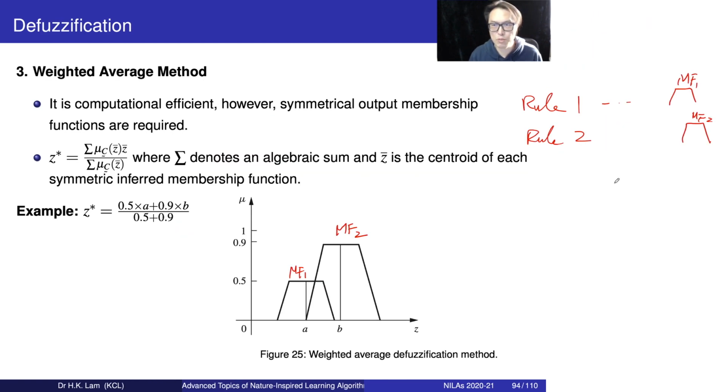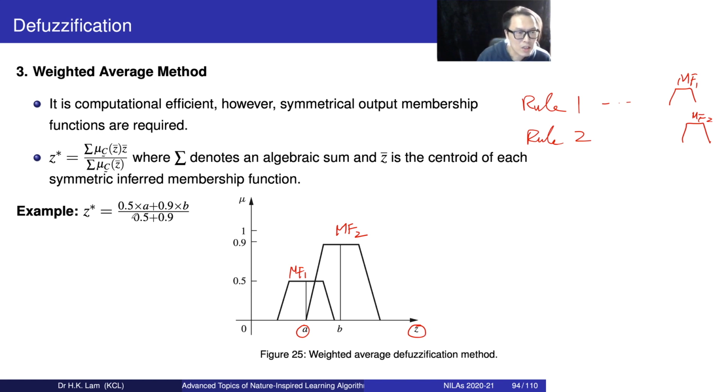And now assume that we only have two membership functions. This is the equation. This equation, that is now the summation of mu c times z bar. Z bar, that is the center. So for example, for mf1, a is the center of mf1 in the x-axis, and then b is the center of membership function 2 in the x-axis, the variable in the x-axis, that is z.